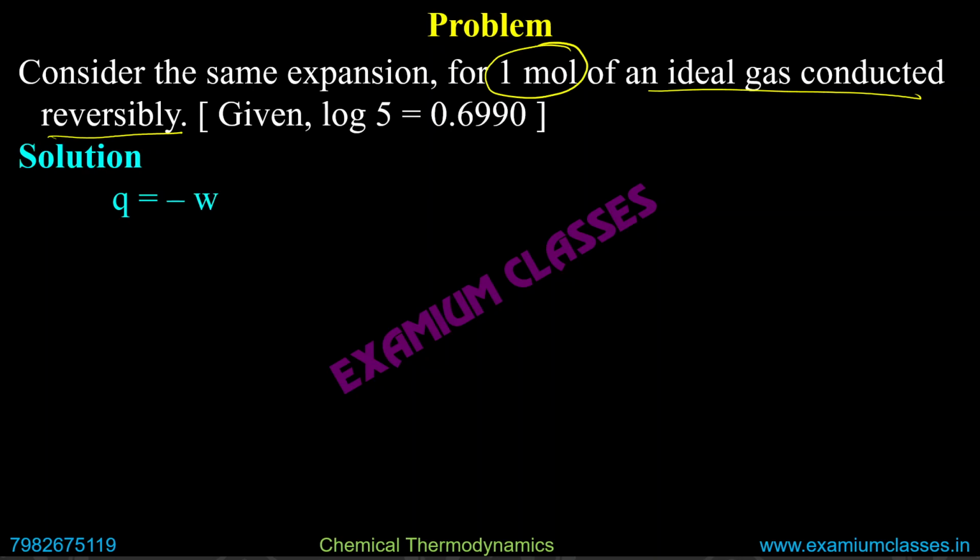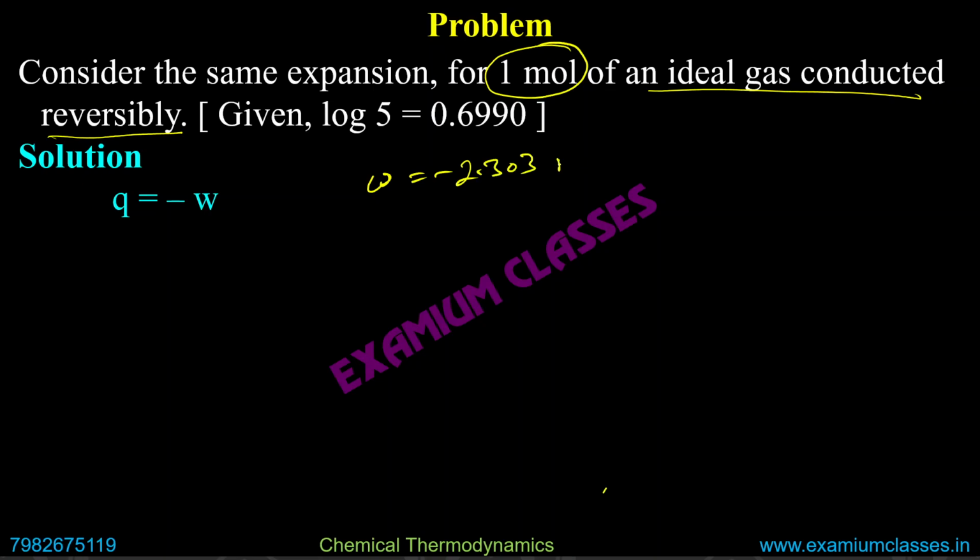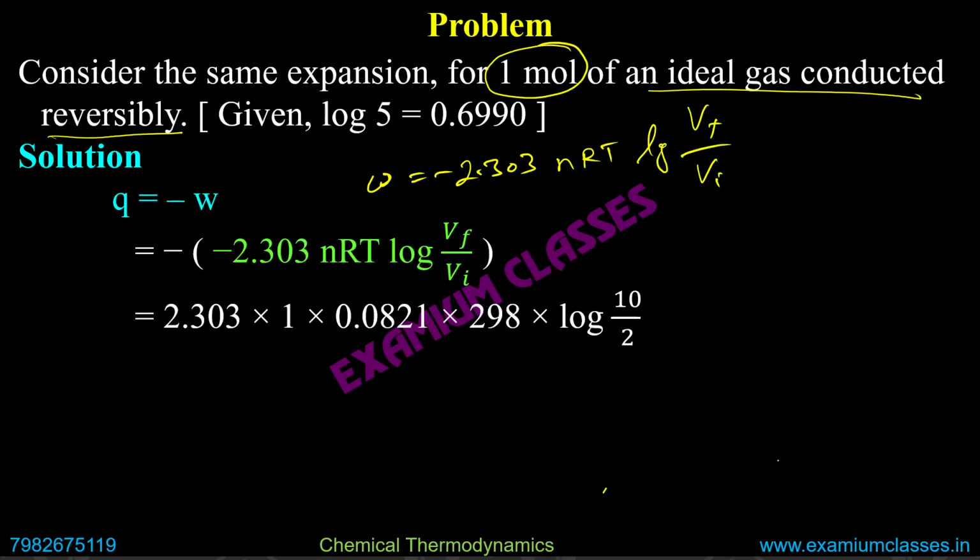Q will be equal to minus W, and W here, if you remember, for isothermal reversible process, was minus 2.303 nRT log V final divided by V initial. So minus and minus will get neutralized. So you will have 2.303 nRT log V final by V initial.